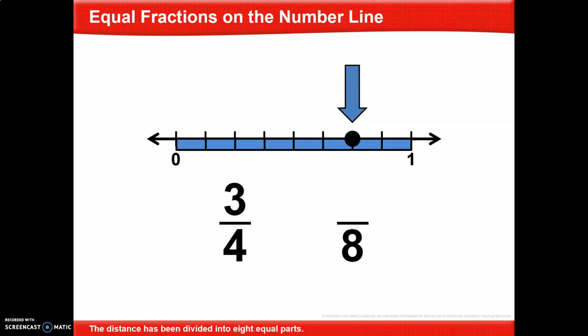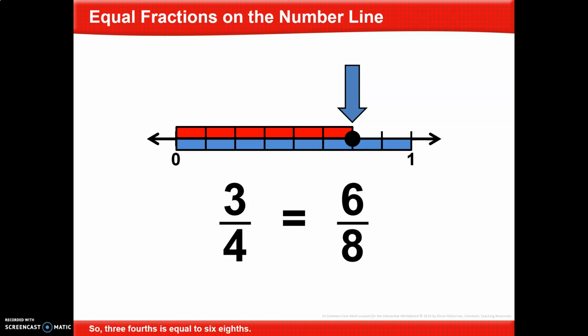The distance has been divided into 8 equal parts, and 6 parts up to the point, which make the point represent 6/8. So 3/4 is equal to 6/8.